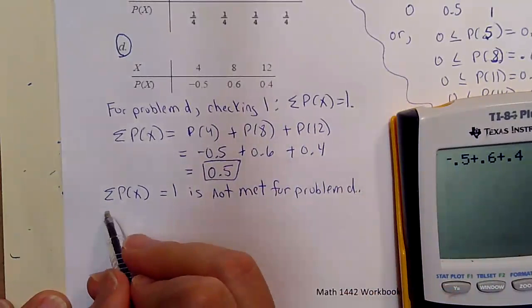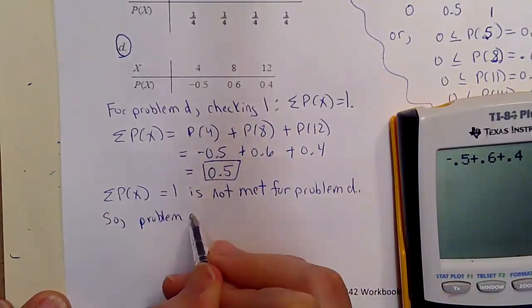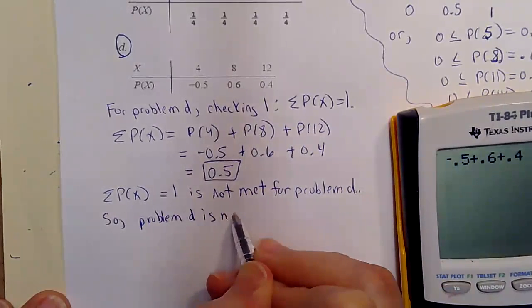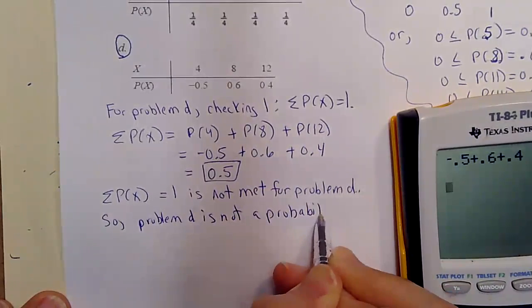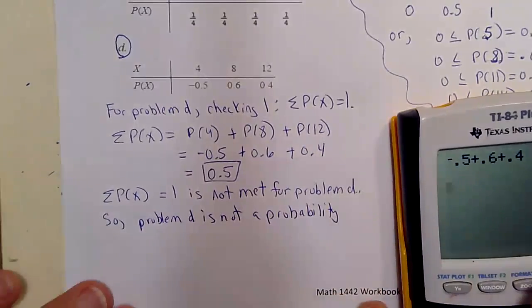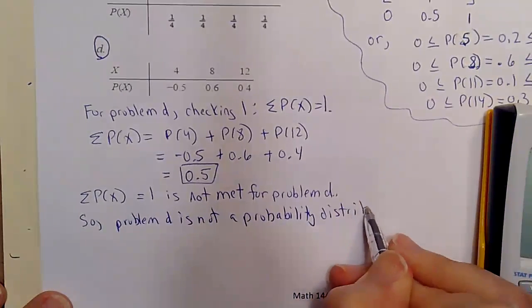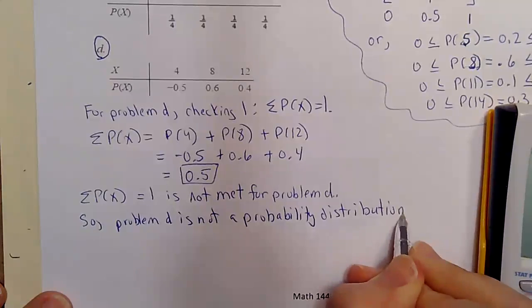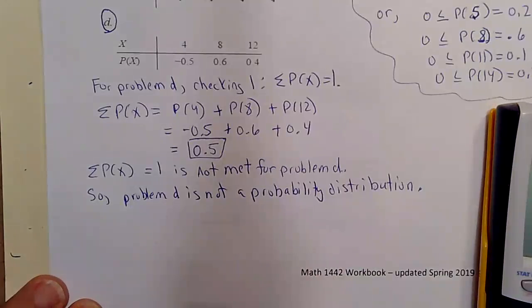Okay, so what does that tell you? That tells you that problem D is not a probability distribution. Okay, but that doesn't mean you stop there on the test.